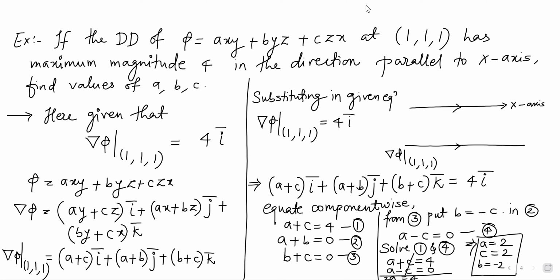So one can frame several questions again for finding the a, b, c values. It doesn't mean that every time such a simple expression will be given, but it's good. Here it is parallel to the x-axis, so we are considering it as 4i bar.